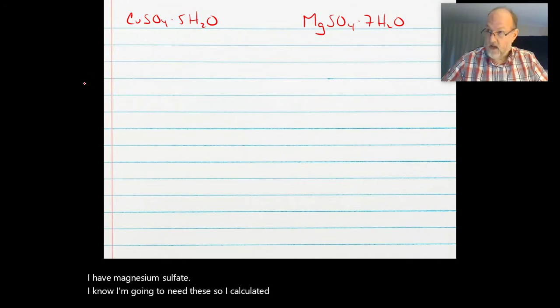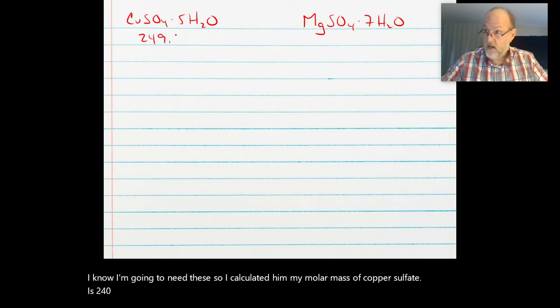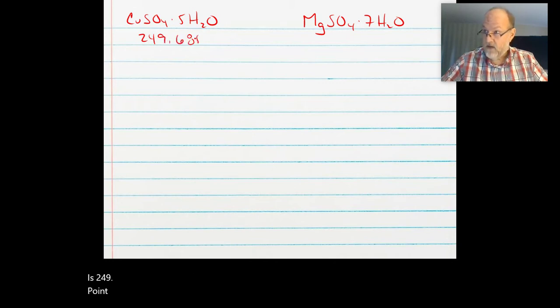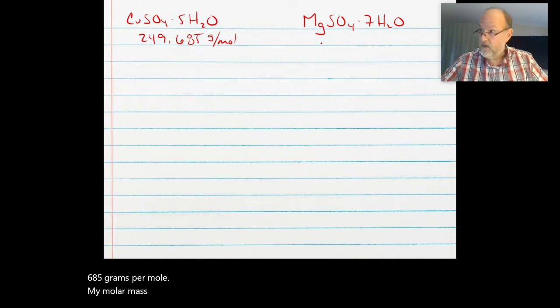My molar mass of copper sulfate is 249.685 grams per mole. My molar mass of magnesium sulfate is 246.475 grams per mole. So if I have both these numbers, I'm going to need them.